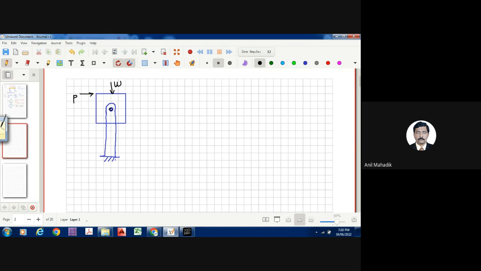This pin or bolt. This bolt is giving the support. Please try to understand. Where will the load transfer? This load can be transferred to the bolt, and then to the ground, to this vertical pillar. Yes, the bolt is important. The point of reaction or point of support is this point. Please try to understand.